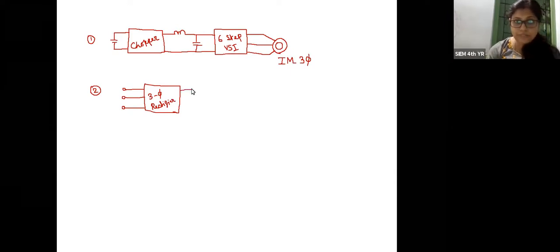Then this is a low pass filter. Again, we are getting pulsating DC from the output of the three-phase rectifier, so we want to reduce the harmonics, and then this variable output voltage should be fed to the 6-step VSI.